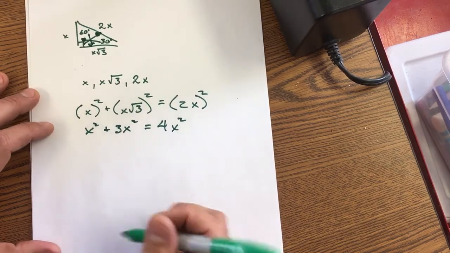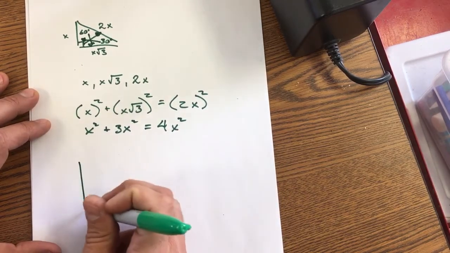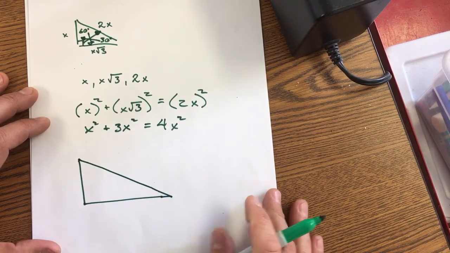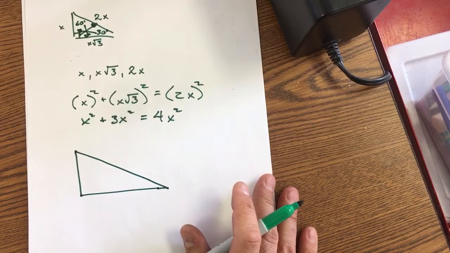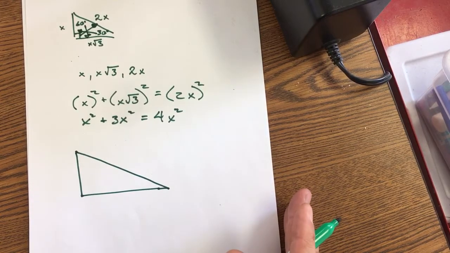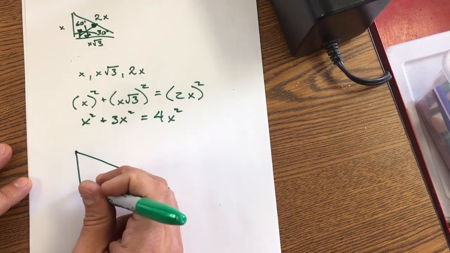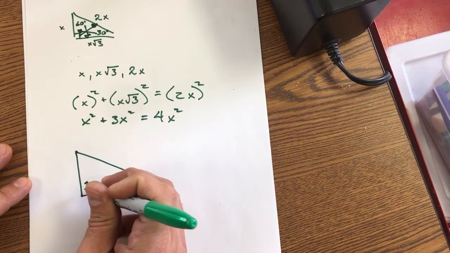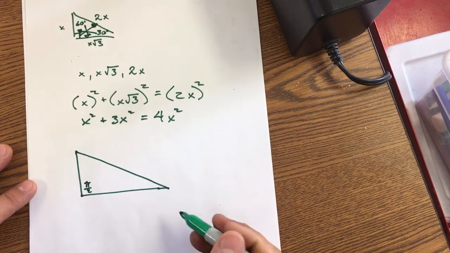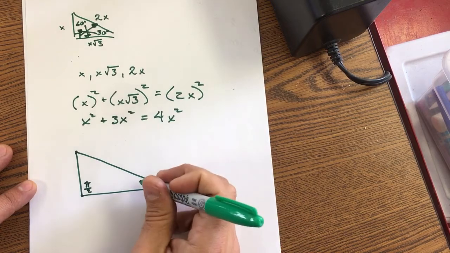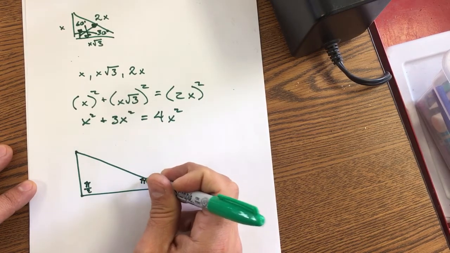The only thing that we're going to change here is that instead of being in degrees, we're going to make it in terms of radians. So you guys remember I told you 90 degrees is pi over 2. So this is going to be pi over 3.